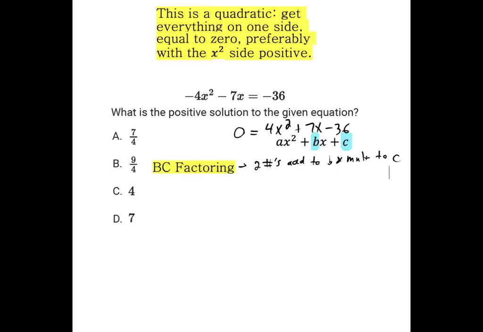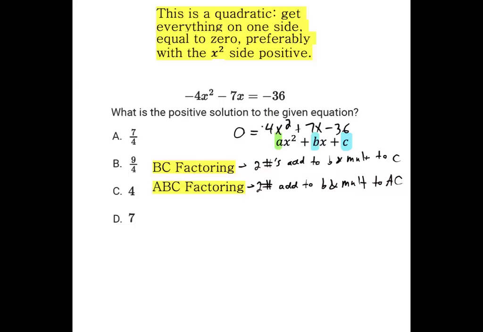But this is ABC factoring because we do have a number in the A spot, which is right here. So because we have a number in the A spot, it's ABC factoring. And there we want two numbers that add to B just like before, but they also need to multiply to AC.